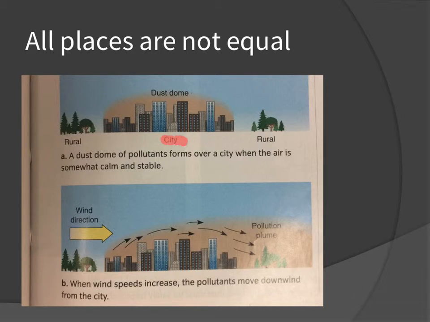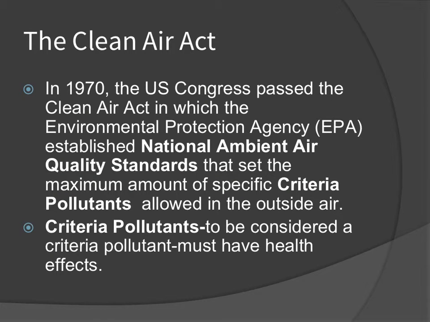We have cities that produce more pollution and actually feel the effects more greatly. However, this pollution can spread when wind comes and actually pushes it down into more rural communities that are not normally affected by air pollution.